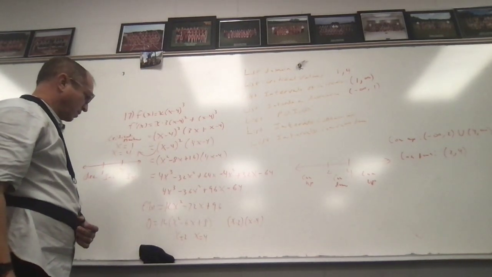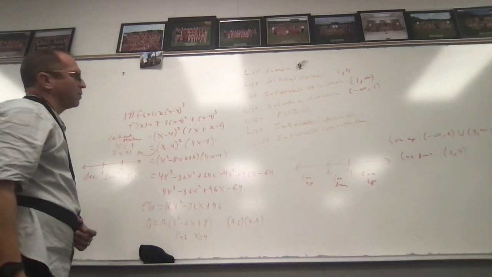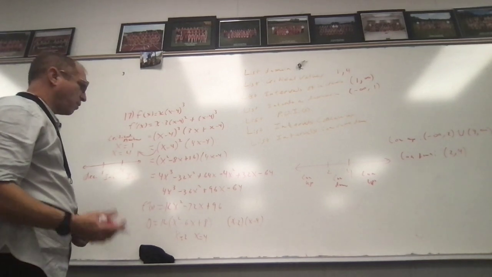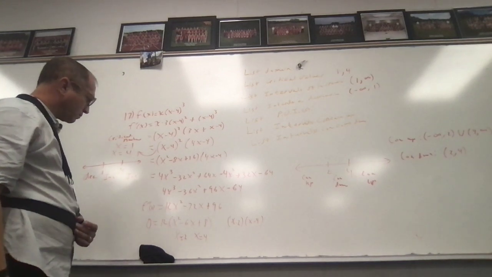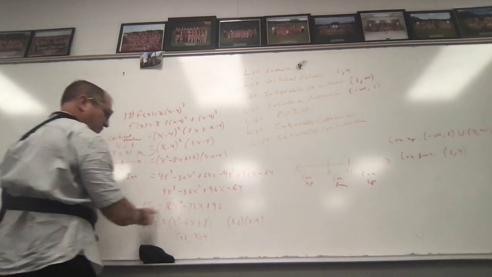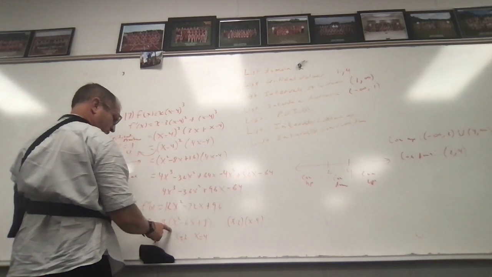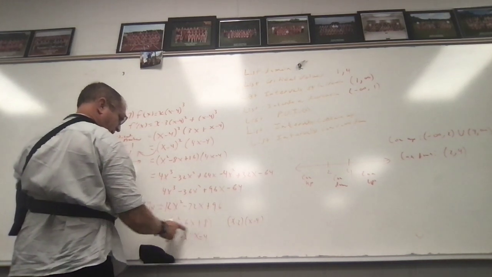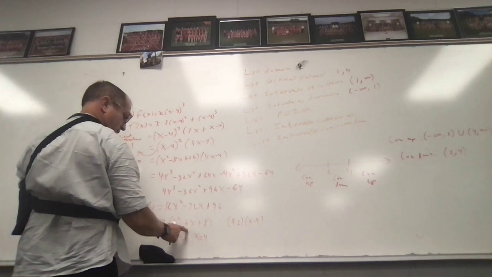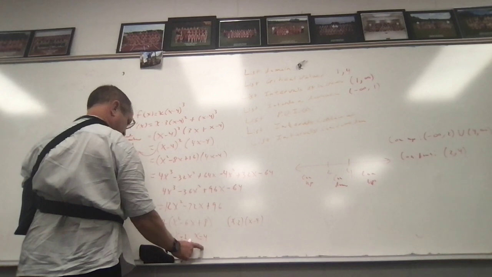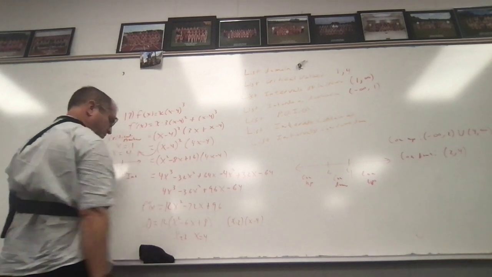Now, at this next step, we want to look at what are my points of inflection. So I did the second derivative right here. And when I did the second derivative, I got x equals 2 and x equals 4 as my potential points of inflection.